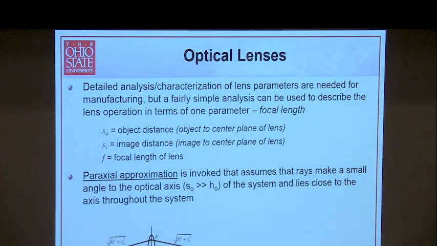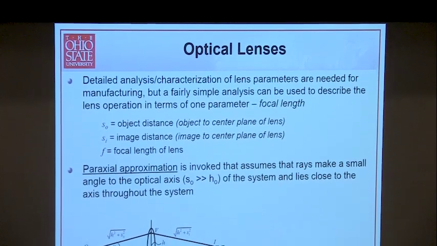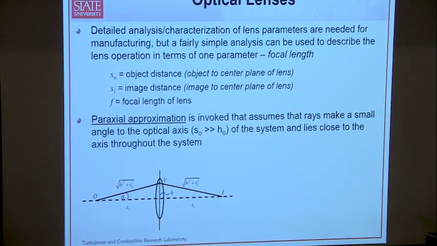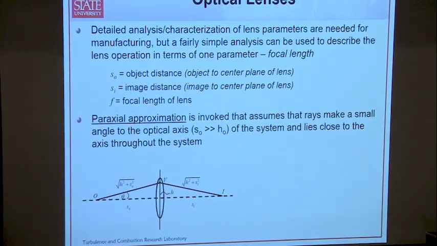So again, if we take a very simple schematic, let's look at this. We have our object O, we have our image I, we have S naught, S I, okay? Now, in order to do our quick analysis, just getting our brains thinking of optics, again, we're going to use the paraxial approximation, which really means that S naught, the object distance, is much, much greater than essentially the size of the lens, such that we have a small angle here, and that all of the rays lie very close to the axis, okay?